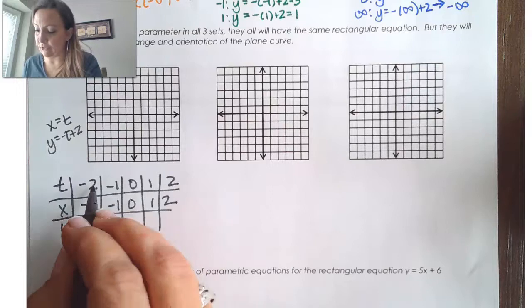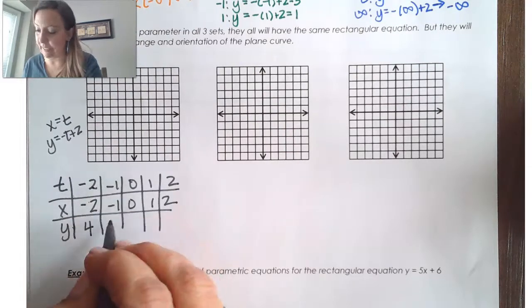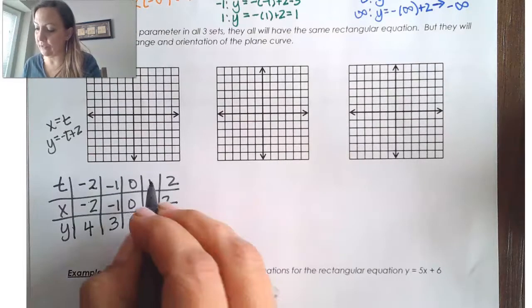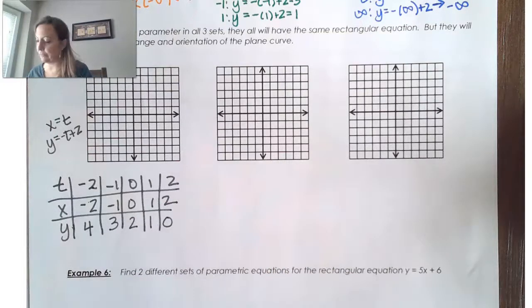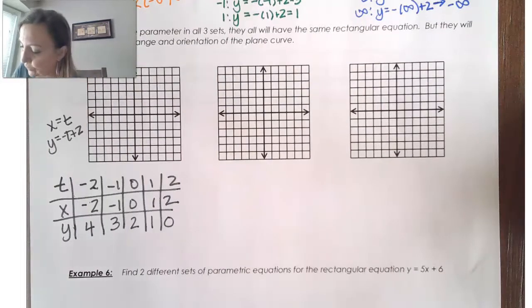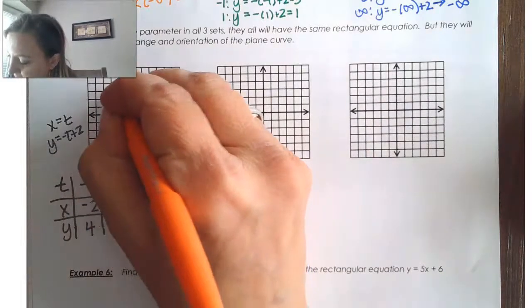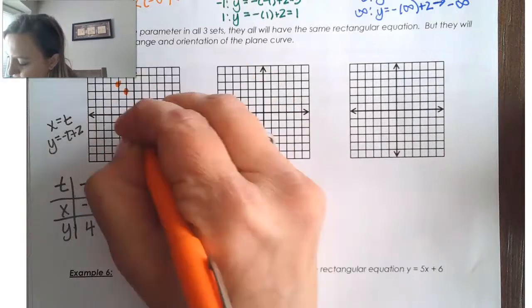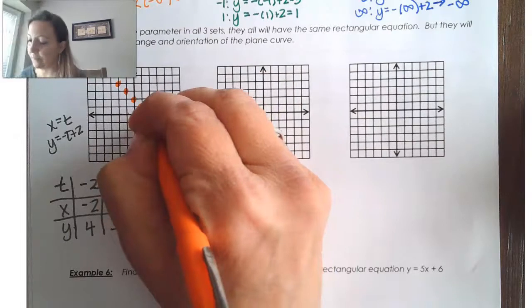So that's +2 plus 2 is 4, +1 plus 2 is 3, 0 plus 2 is 2, -1 plus 2 is 1, -2 plus 2 is 0, and we could plot those specific points. So we could plot -2, 4, -1, 3, 0, 2, 1, 1, and 2, 0.